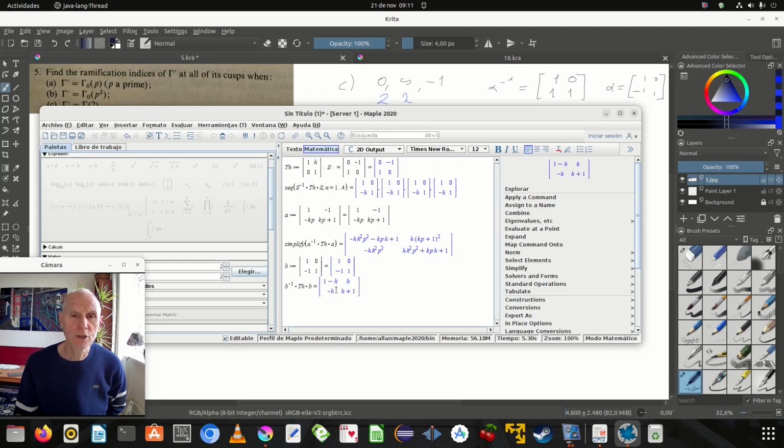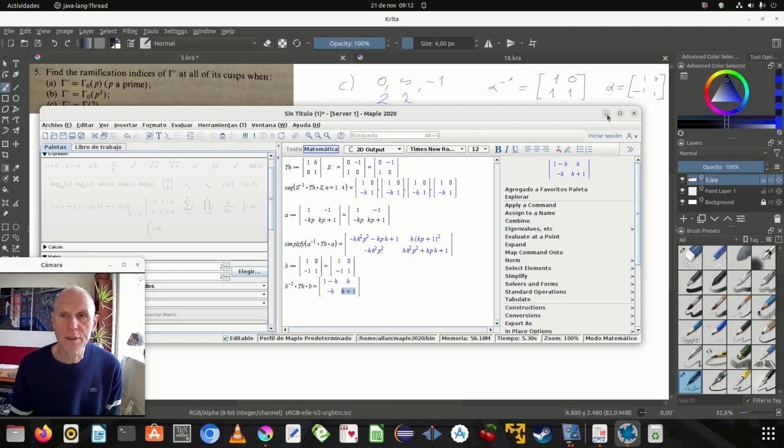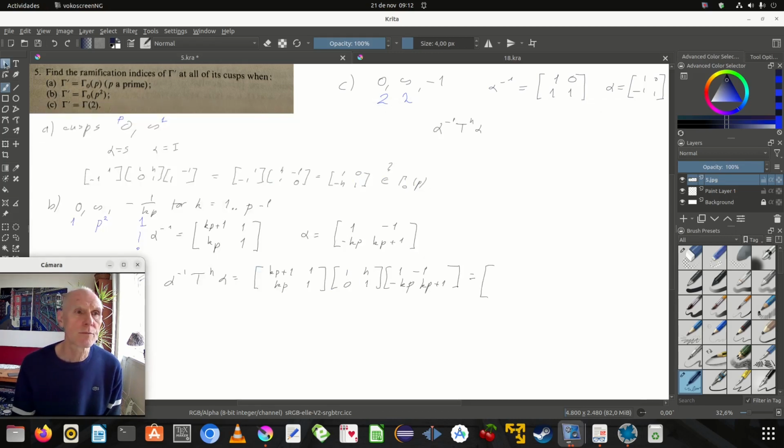It should when h is 2, shouldn't it? But it doesn't seem to. When h is naught, we are done. Oh yeah, when h is 2, then they are equal, and this is equivalent to unity. So minus 1 has ramification index 2 as well.